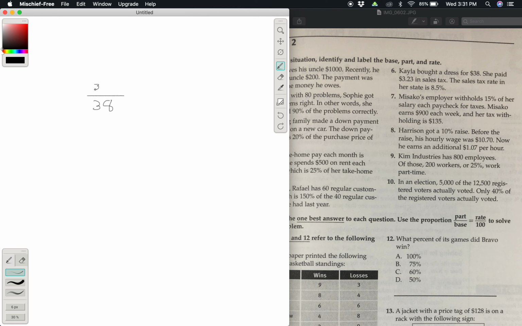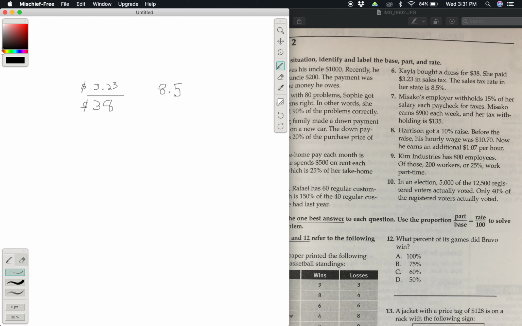Okay, 3.23 is part of the base. I think we can do a dollar sign here since this is dollars.